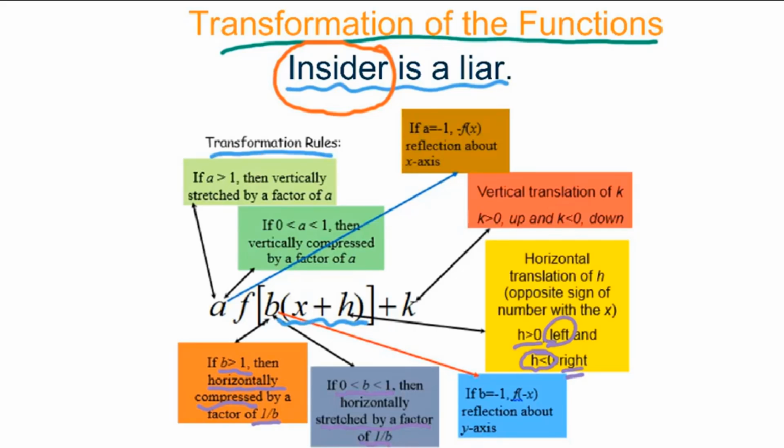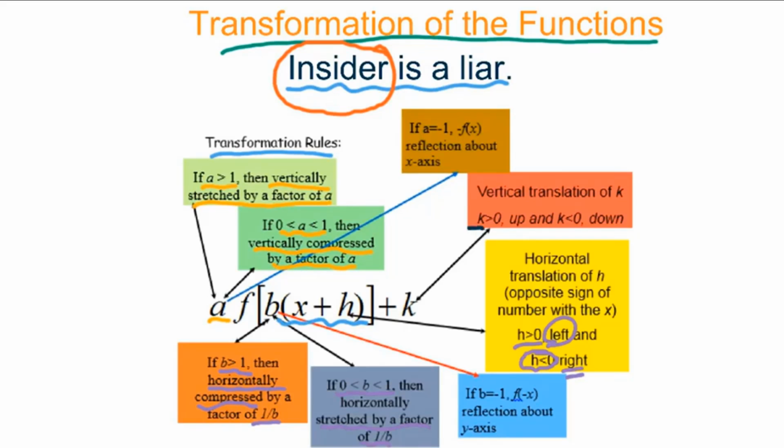Then any elements which are dealing with y will act in the normal way. When a is greater than 1, we have to do a vertical stretch by a factor of a. When a is between 0 and 1, we have to do a vertical compression by a factor of a.